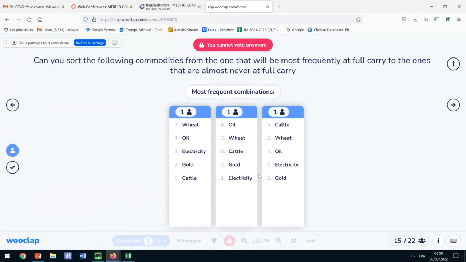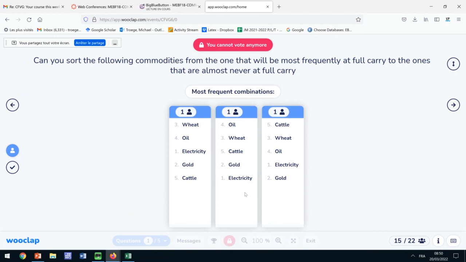Which one is almost never at full carry? It's electricity. Why electricity? Because it's almost impossible to store. You can of course charge a battery, but you'll have massive losses if you do that. The value goes down substantially if you try to store it even over one day, and you cannot really store it over 6 months. And the demand is highly cyclical.